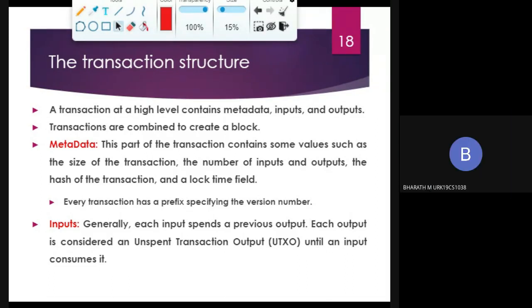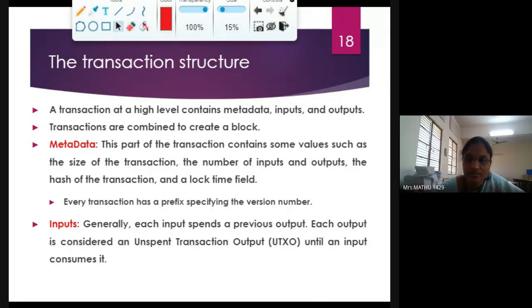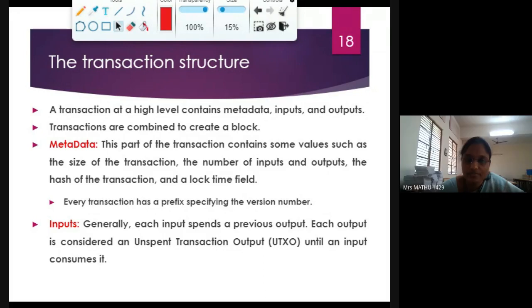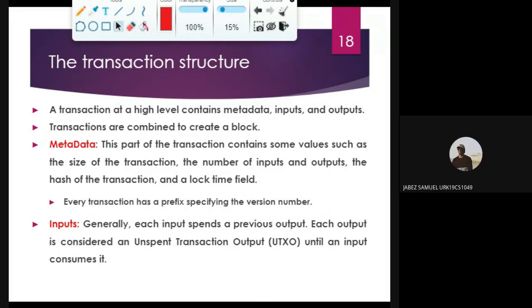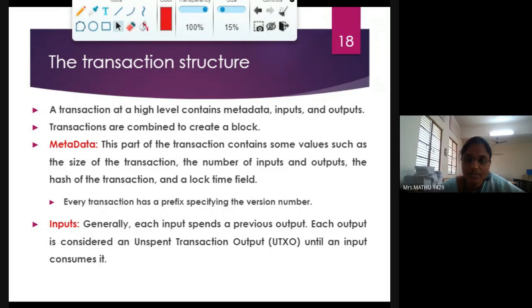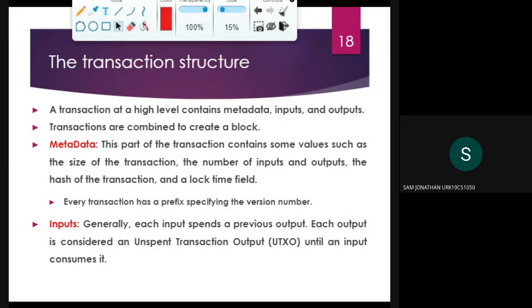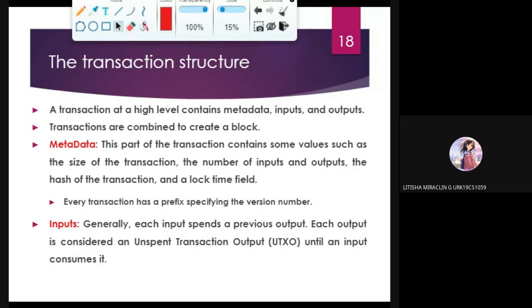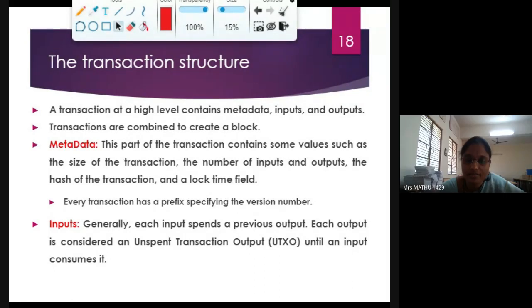Ashish Kumar, present. Manuel Raja, present. Jabez Samuel, present. Sam Jonathan, present. Vigneshwar, present. Chinmohan Lal, yes, ma'am. Letitia, present. Christina Sherin, present.